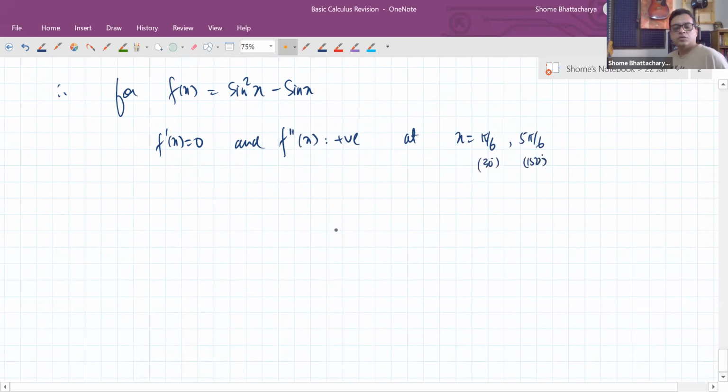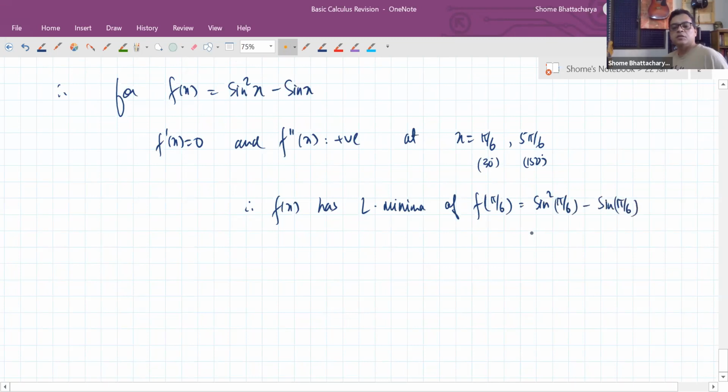Therefore, the function has a local minima of f of pi by 6. That is sine square pi by 6 minus sine pi by 6. So that is 1 by 4 minus half, or minus 1 by 4.